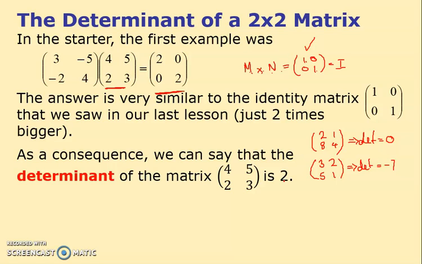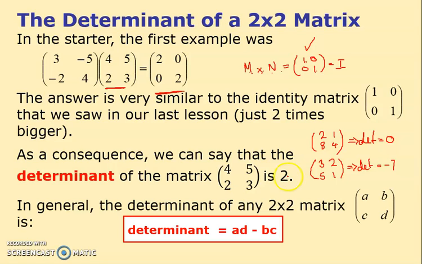And this is what people have discovered, that you can find the determinant of any, notice, 2 by 2 matrix. The 2 by 2 matrix, I'm going to call it A, B, C, D in that order. And basically you multiply AD and take away BC. AD is this diagonal, and you take away this diagonal. Everything seems to be about diagonals in matrices, you've seen that. So the determinant, that's usually just written as determinant of the matrix you're looking at.